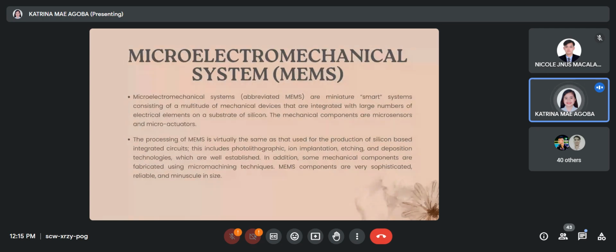These include photolithography, ion implantation, etching, and deposition technologies, which are well established. In addition, some mechanical components are fabricated using micromachining techniques. MEMS components are very sophisticated, reliable, and minuscule in size.